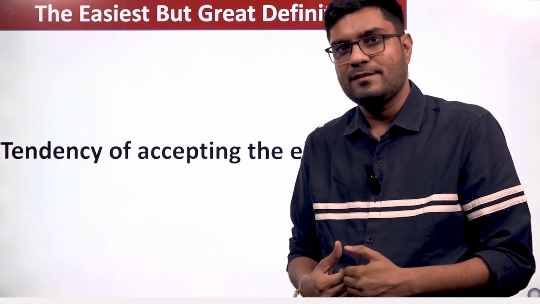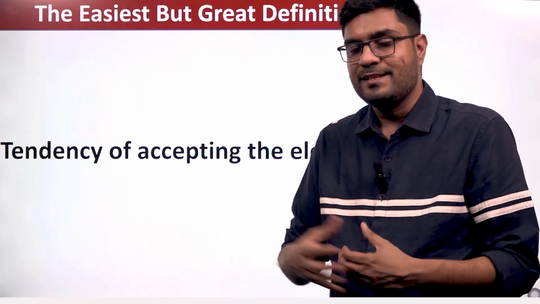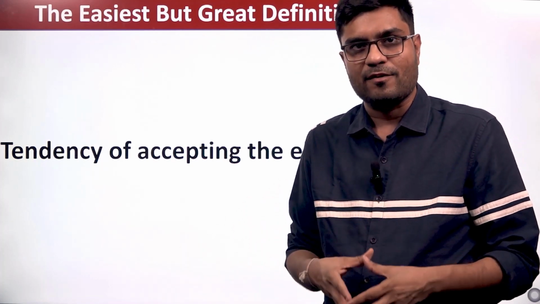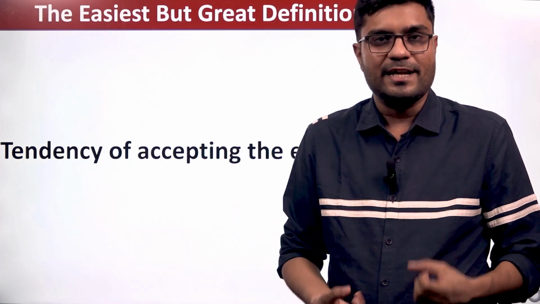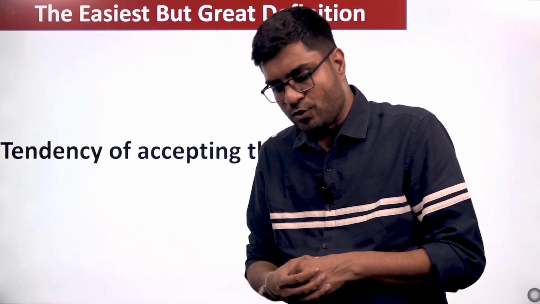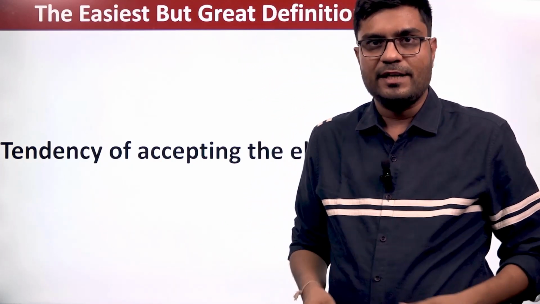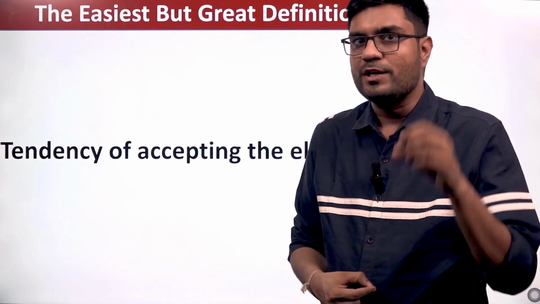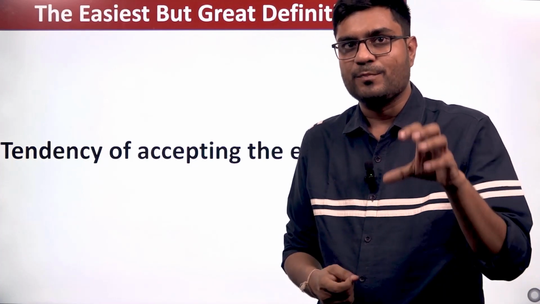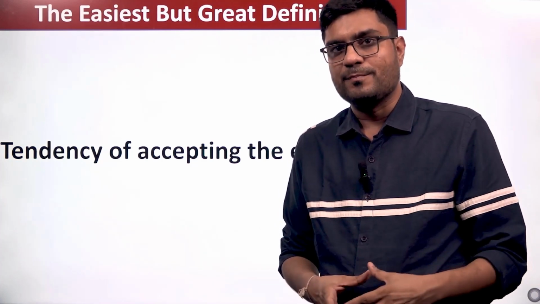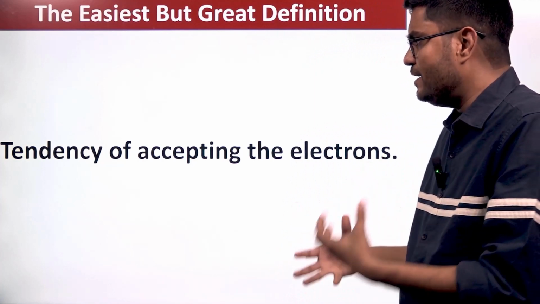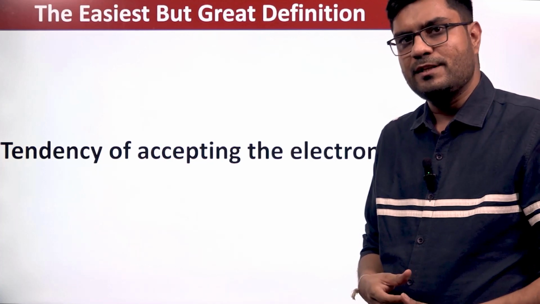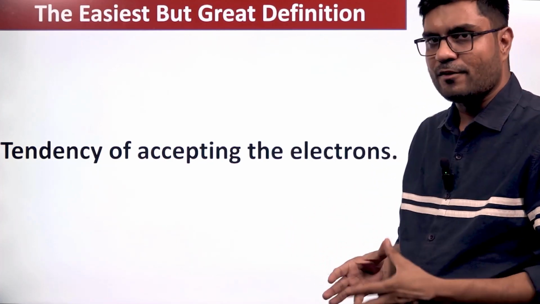And if my reduction potential value is less, that means I am not that much interested in keeping or accepting the electrons. So whether a particular chemical species will accept or donate the electron totally depends upon the value of reduction potential. Higher value of reduction potential means higher tendency of accepting the electrons, and lower value means lower tendency of accepting the electrons.